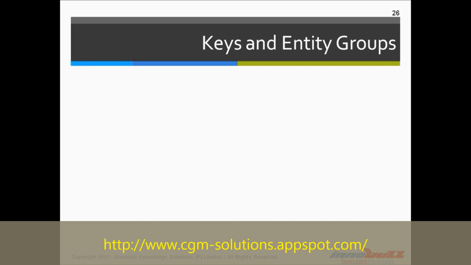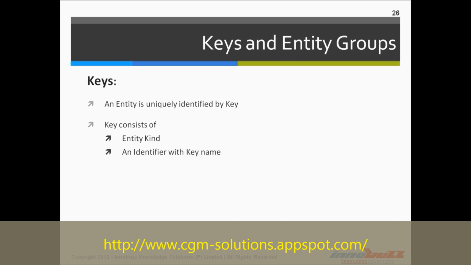Keys and entity groups. Keys. An entity is uniquely identified by a key. A key consists of entity kind, an identifier with a key name, a string or a numeric integer value, and an ancestor path.